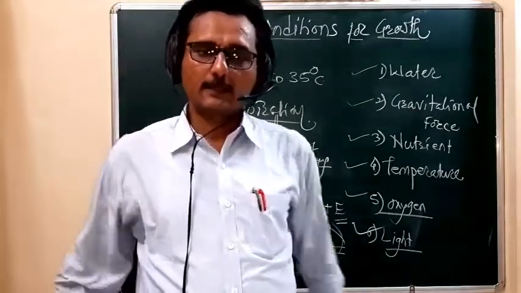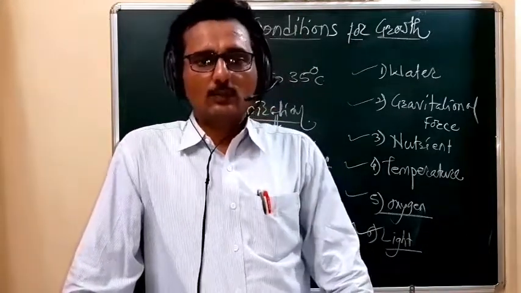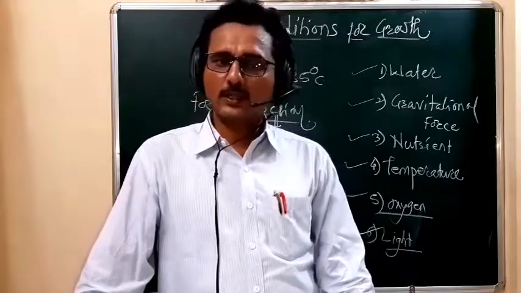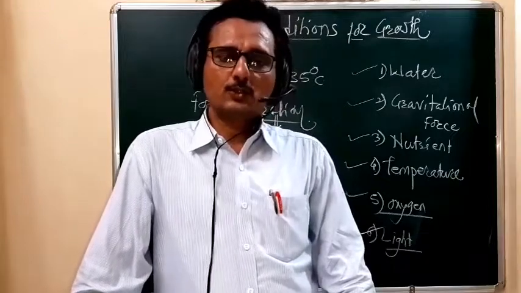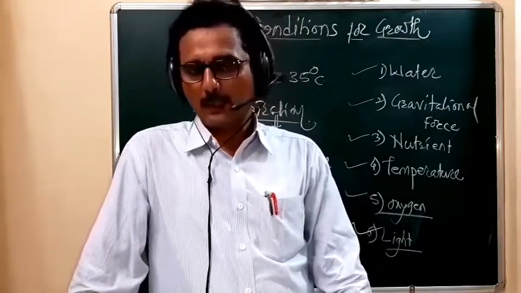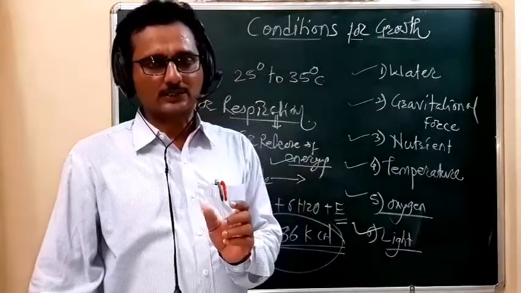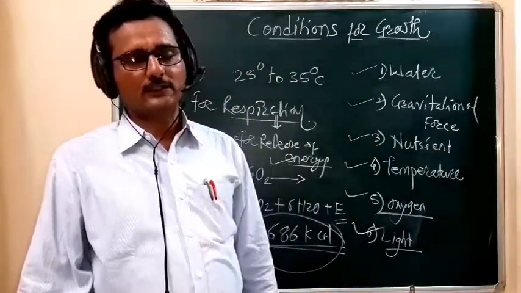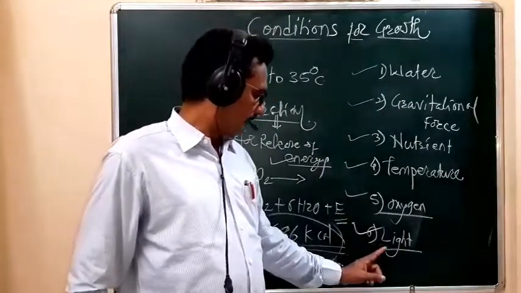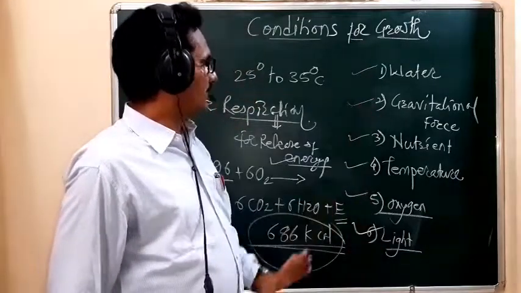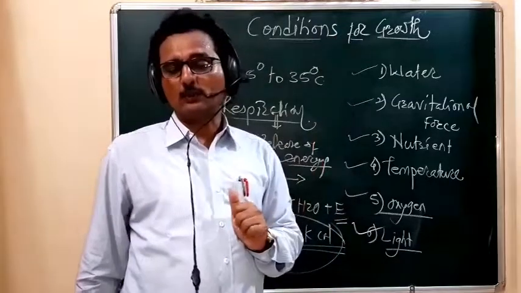Carbon dioxide reacts with water in the presence of light and chloroplast, forming carbohydrate with release of water, and along with that, it also releases oxygen. The photosynthesis process is most important for the synthesis of food material, so light is necessary. So remember, these 6 factors are required for the normal and healthy growth of the plant.